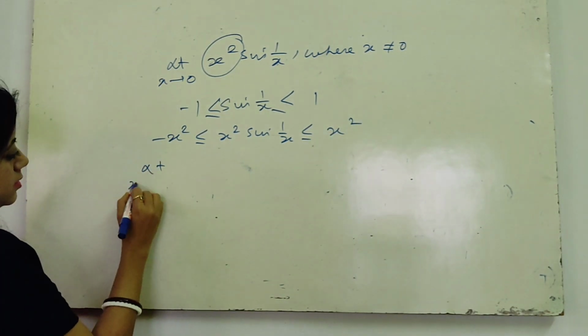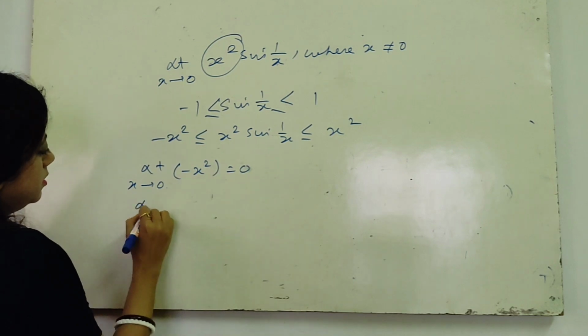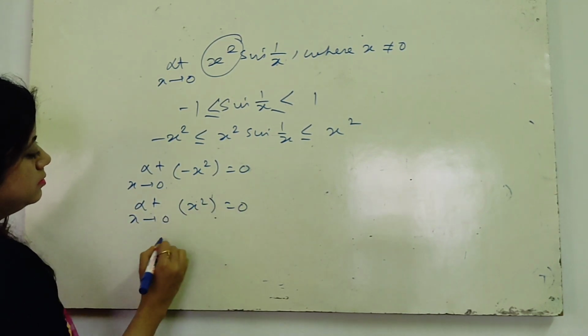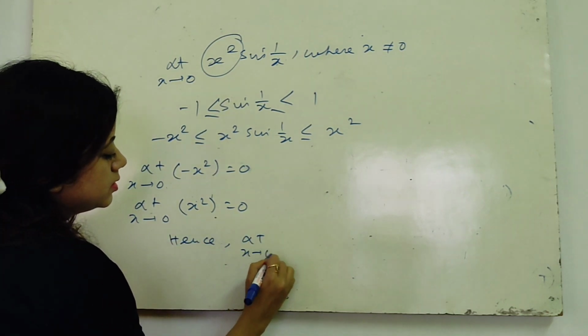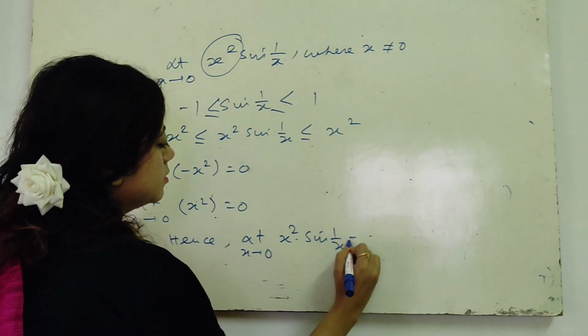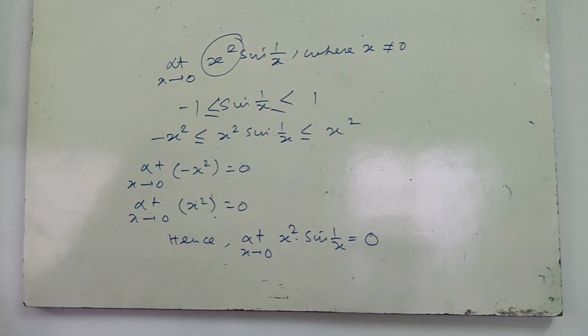Now the limit as x tends to 0 of minus x squared equals 0, and the limit as x tends to 0 of x squared equals 0. Hence we can write that the limit as x tends to 0 of x squared sin(1/x) equals 0. Okay, so these were the applications of the squeeze theorem.